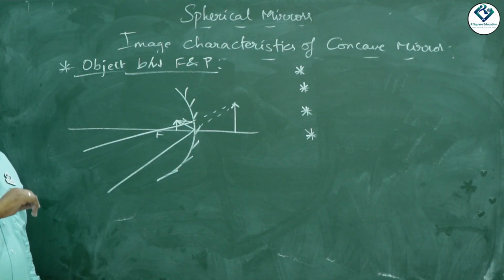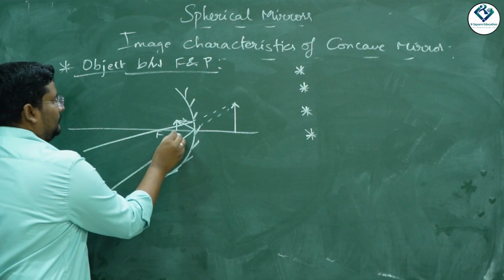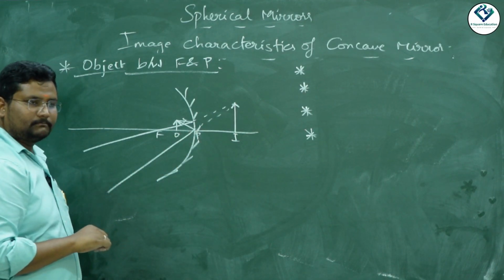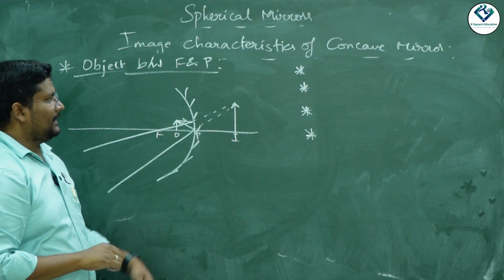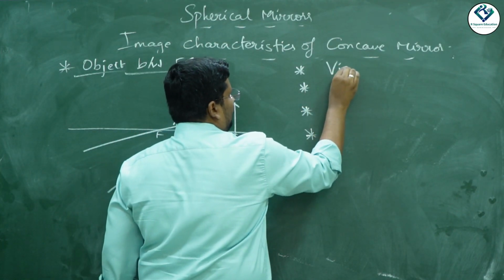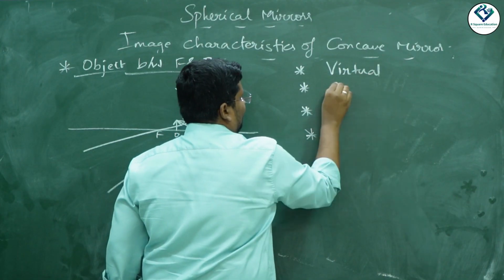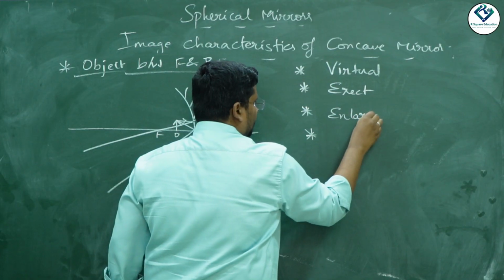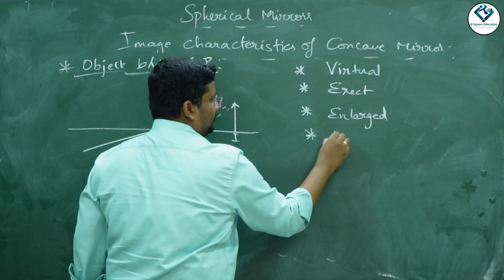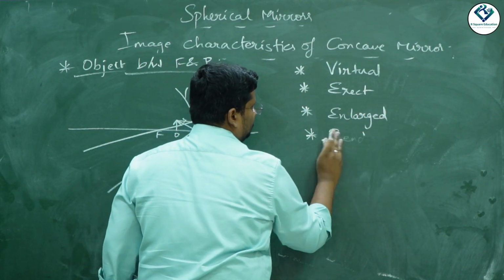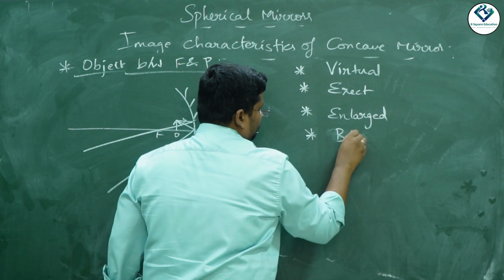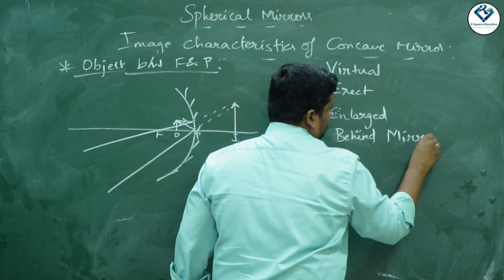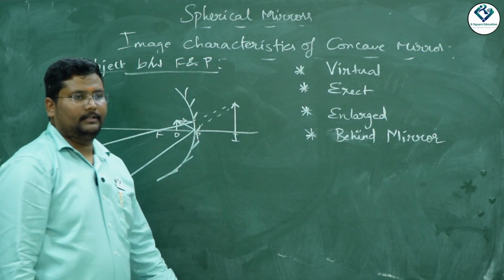So when the object is here, the image is going to be somewhere here. What are the characteristics here? It is going to be virtual, erect, enlarged, behind the mirror.